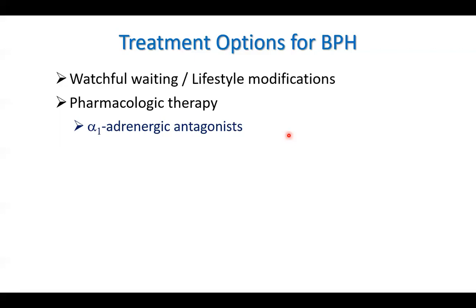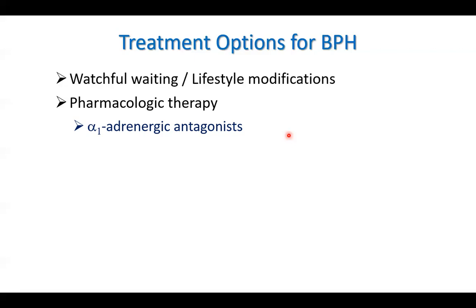Do you remember any drug which can work on both alpha-1 and alpha-2? Phenoxybenzamine, do you remember? We don't use it in BPH treatment now, but in the 70s that was the main treatment of BPH.